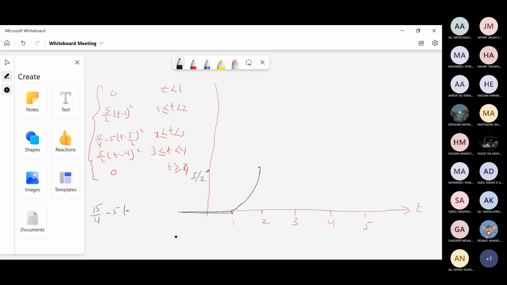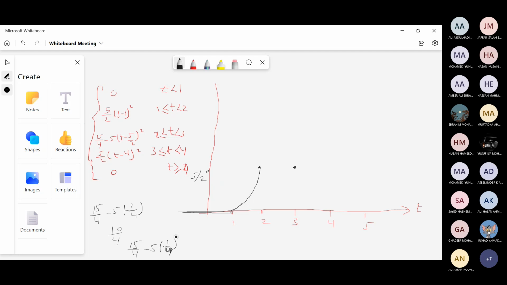So then it becomes minus half squared, which becomes 1 over 4. Okay, 15 minus 5, which is 10. 10 over 4, which is this point here. And at 3, if you calculate that, it becomes 15 over 4 minus 5 multiplied by 3 minus 5 over 2, which again is half squared, so it becomes 1 over 4. So again, it is 10 over 4. So then here we have 5 over 2.